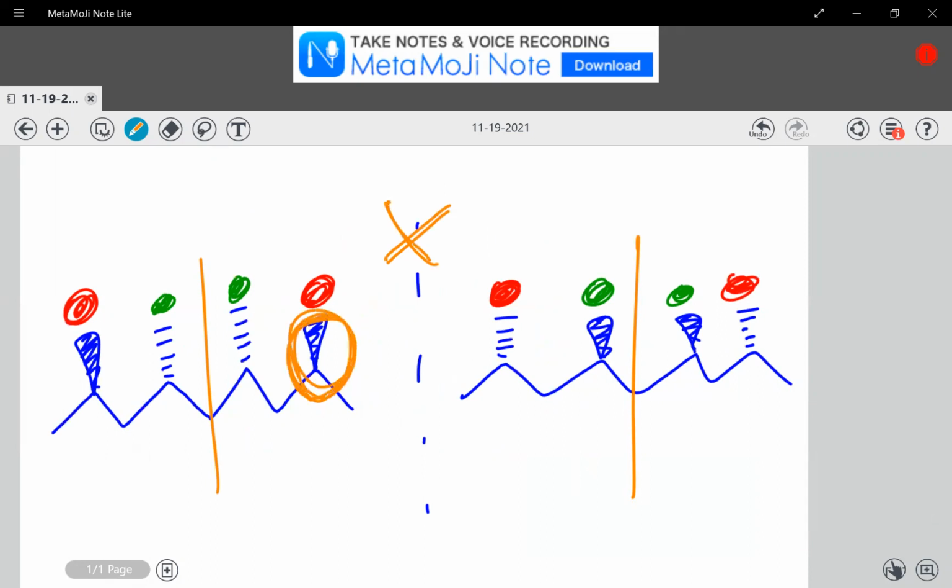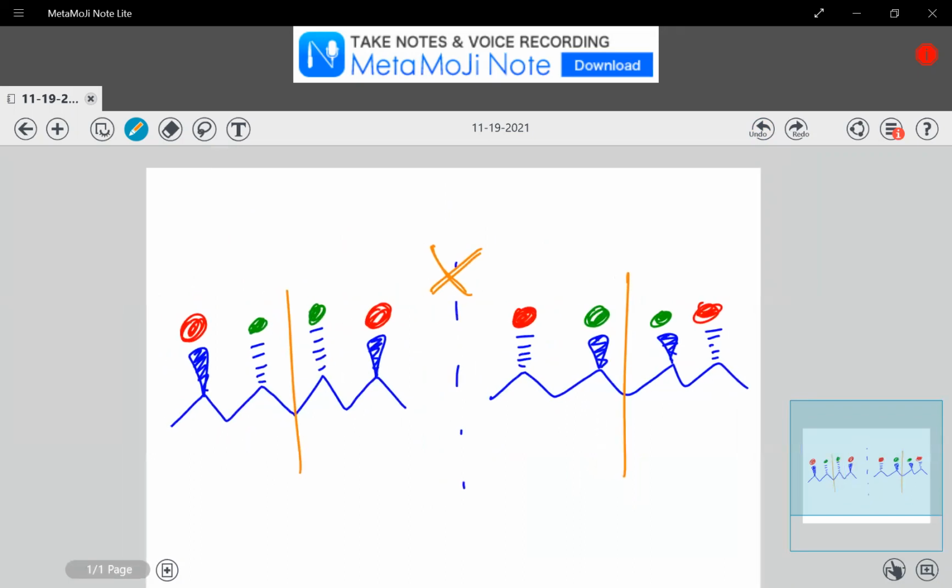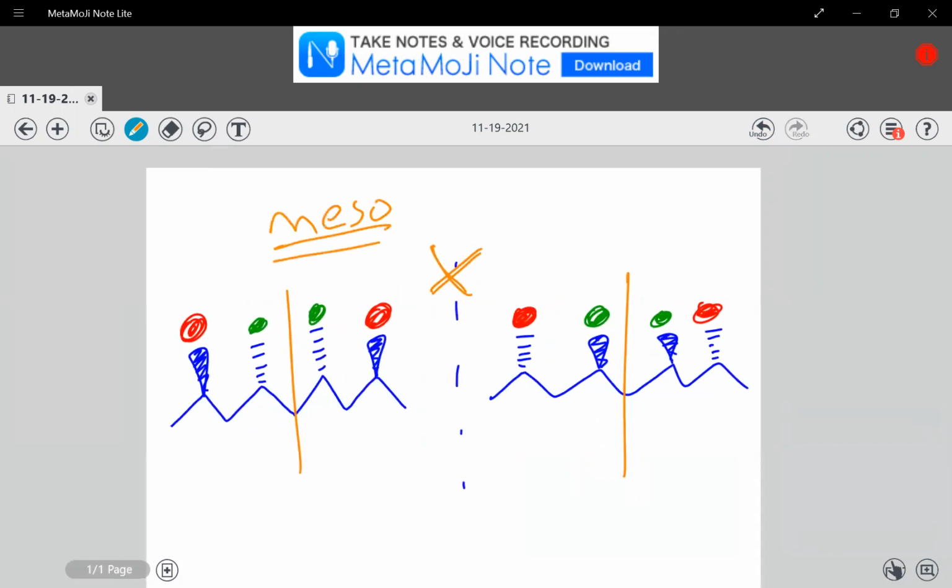This is a shaded wedge. This is a dashed wedge. If this one was shaded like this, then yeah, they would be mirror images. Congrats. But guess what? They're not. They're not mirror images, which means they're meso. Symmetrical and achiral, they are meso.